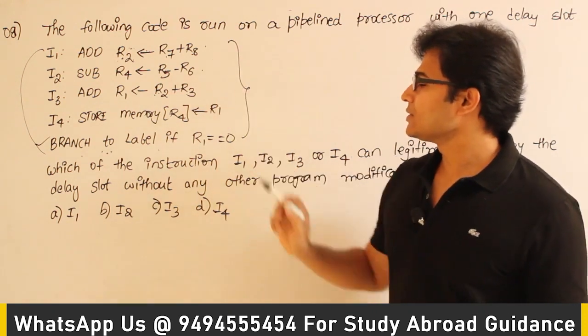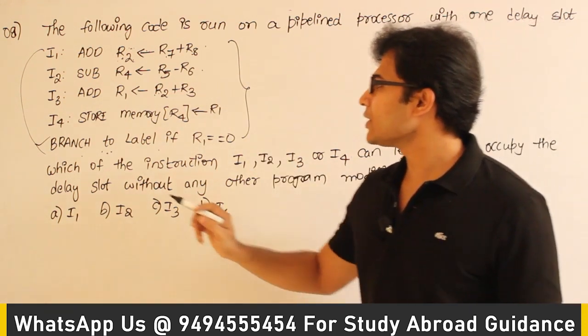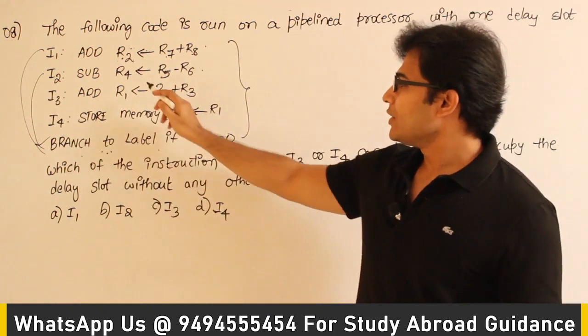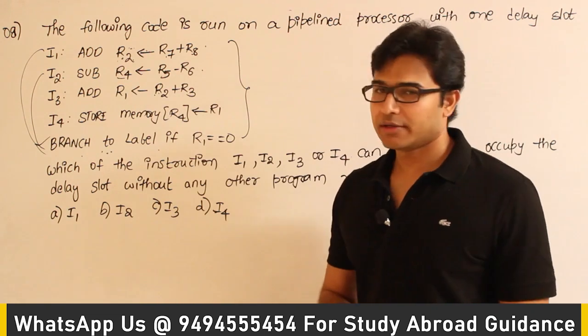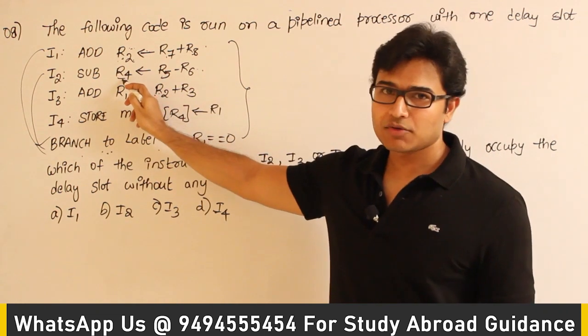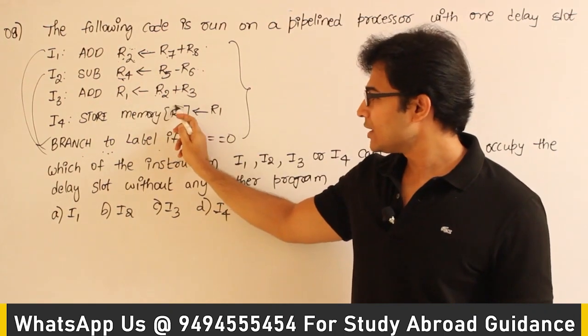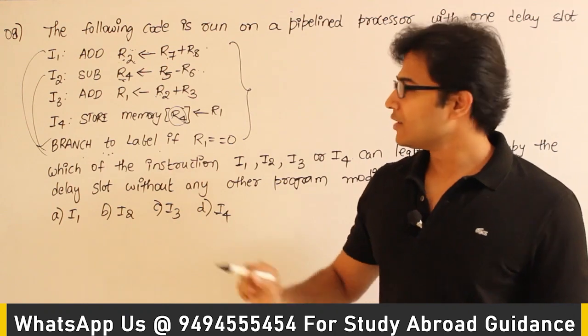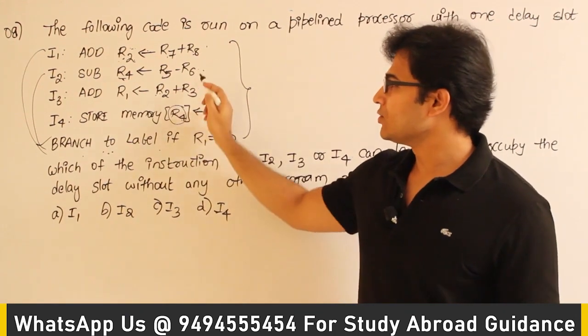And the next one, if you try to move I2 from here to here, R4 is computed here, and if you move it here, the actual value of R4, which is needed at this point, will not be available when you are executing this. Therefore, since there is a dependency, you cannot move this.